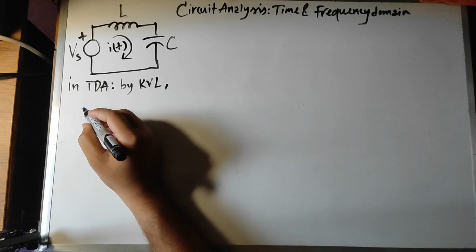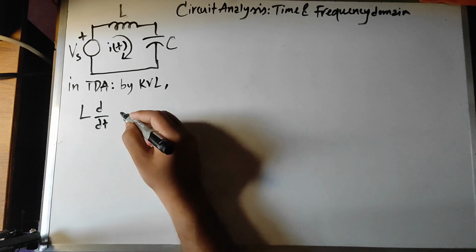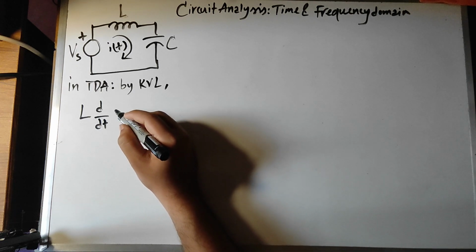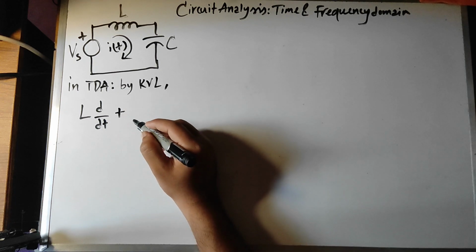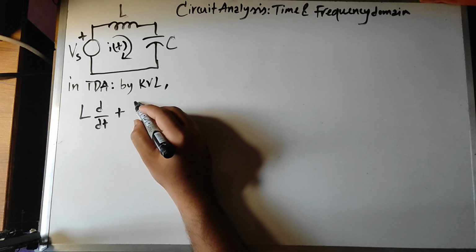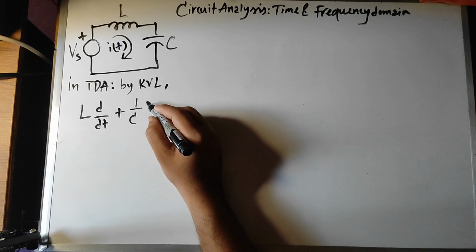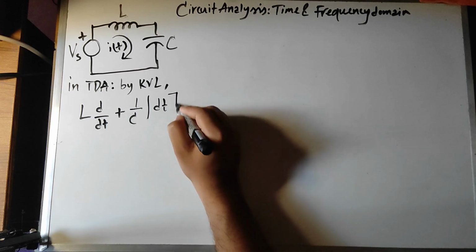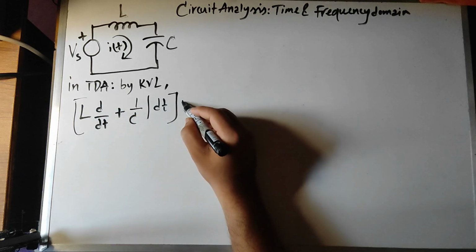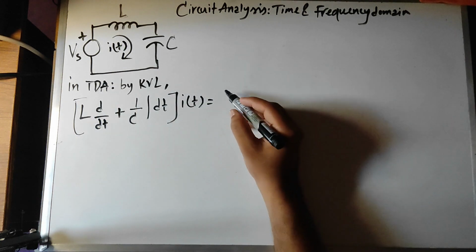So by KVL, L d/dt i(t) plus 1/C integral of i(t) dt, which is equal to the input voltage.